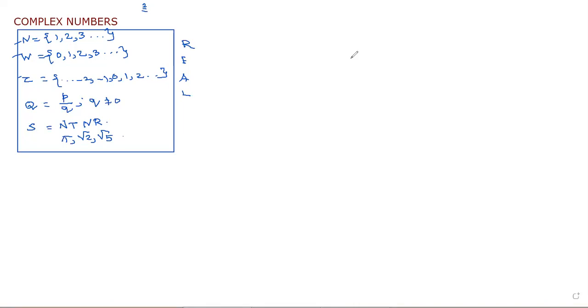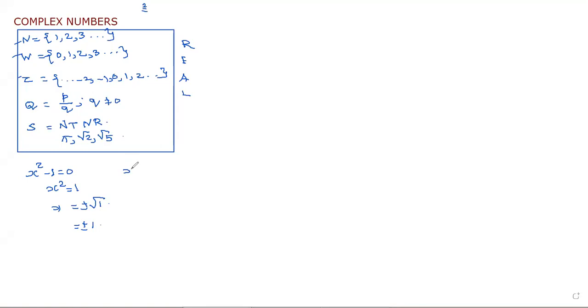For example, take the equation x square minus 1 equal to 0, which means x square equal to 1. So x is equal to plus or minus square root of 1, that is equal to plus or minus 1. Now I'm saying this as real numbers.